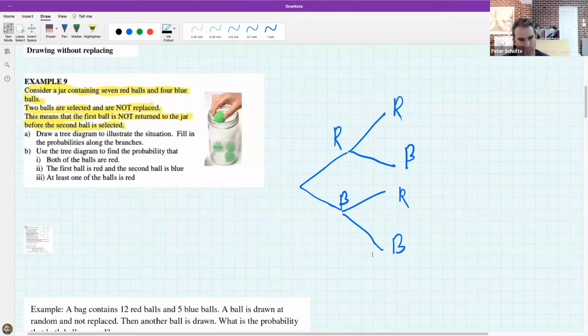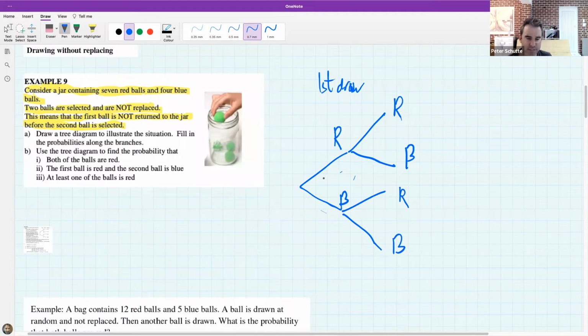And if you think about it, does the very first draw change in any way? So say yes or no. Does the first draw get affected in any way in this question?